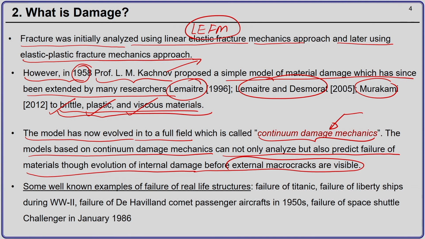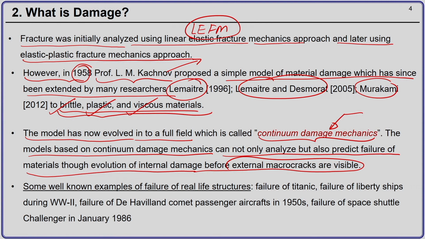In linear elastic fracture mechanics, there has to be a crack already present inside the body, and then you analyze when the crack can grow, in which direction it can grow, and whether at all it can grow. But in continuum damage mechanics, there is no such restriction that there has to be a crack.